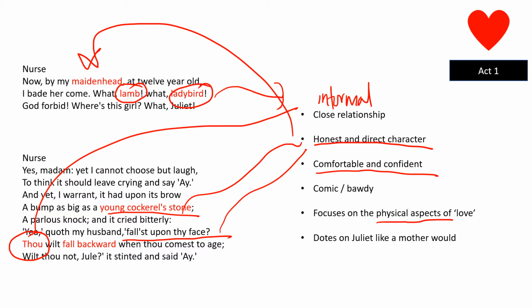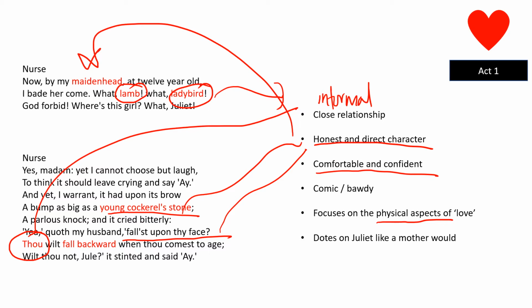Now, if we think about Juliet and Romeo, their love is in a romantic concept. It's all about this spiritual meeting of souls together and how they're going to die together and be perfect together, and this idea of being angelic and beautiful love.